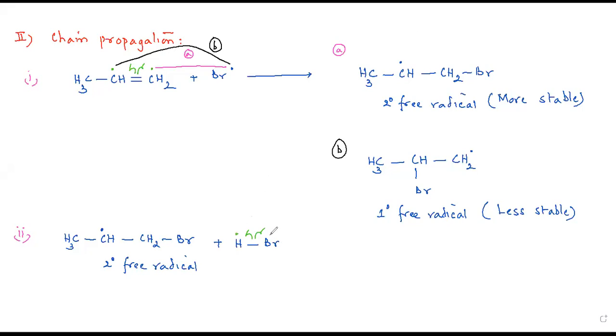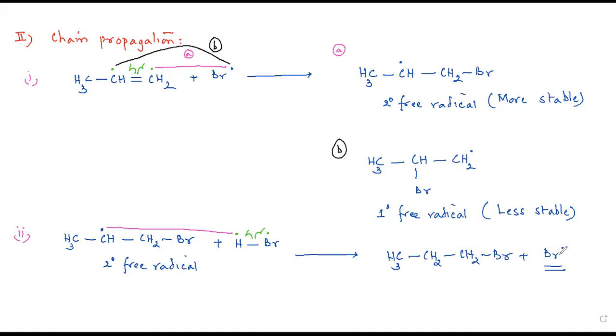You get free radicals this way. Connect the two. These two. That's it. You get this. CH3, CH2, CH2, Br. Of course, a bromine free radical, which will again go into that first step.